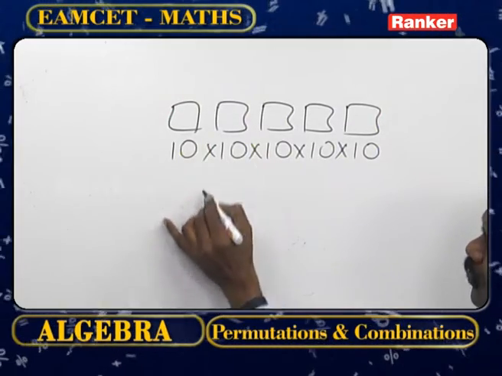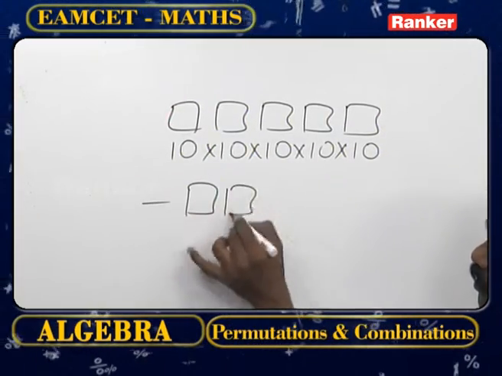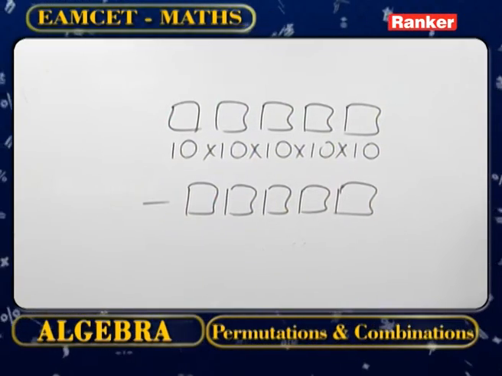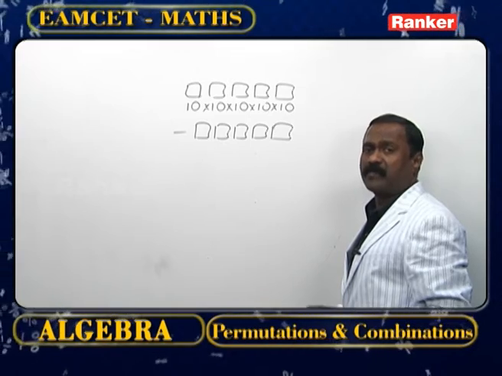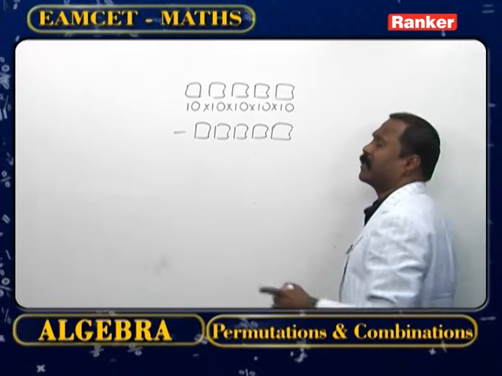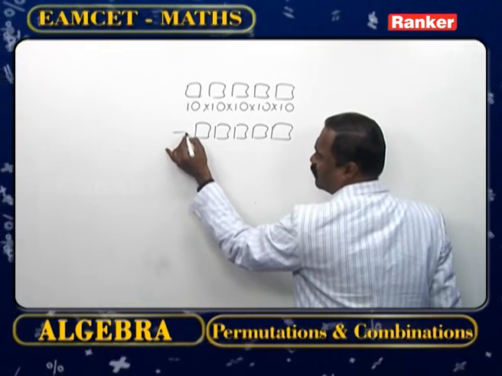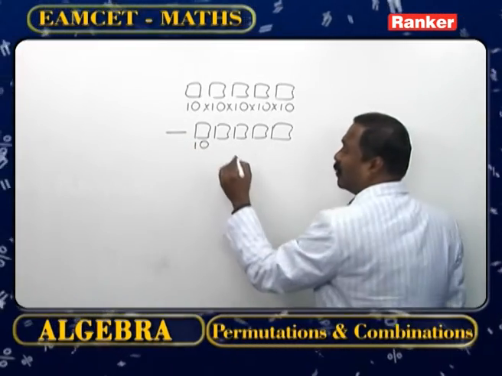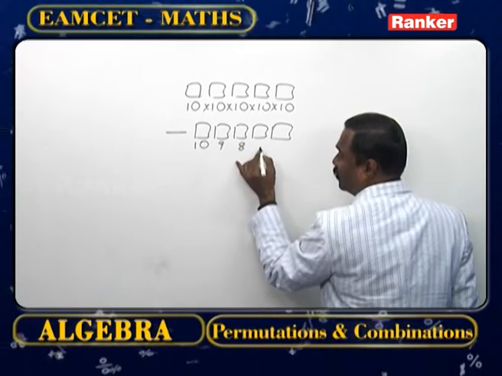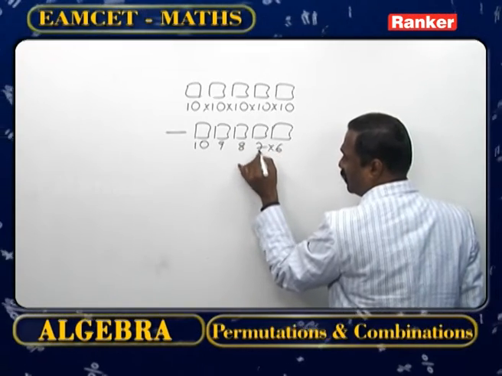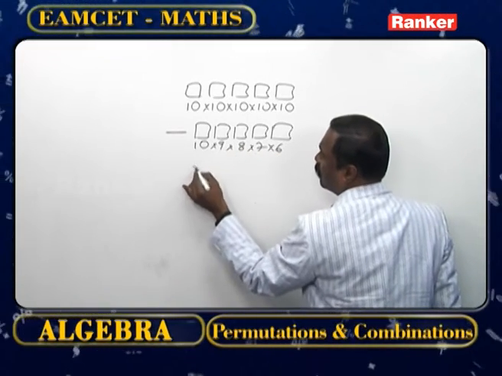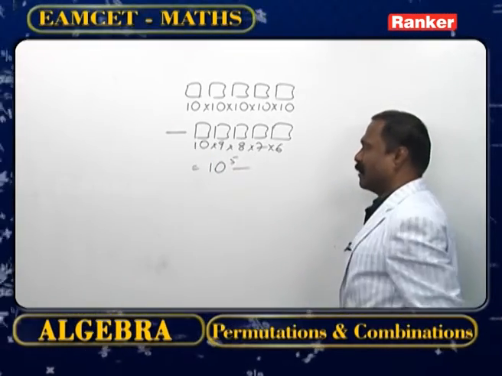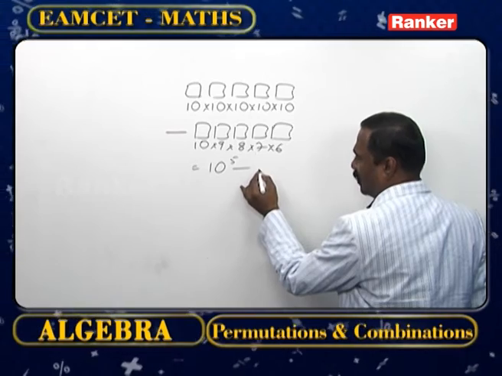Without knowing the formula also, you can do it like this. Minus: at least one repetition must be there, which means we don't want those arrangements without repetition. That is why I'm subtracting the without repetition case. First blank place filled in 10 different ways. Without repetition, 9, 8, 7, 6, like this.